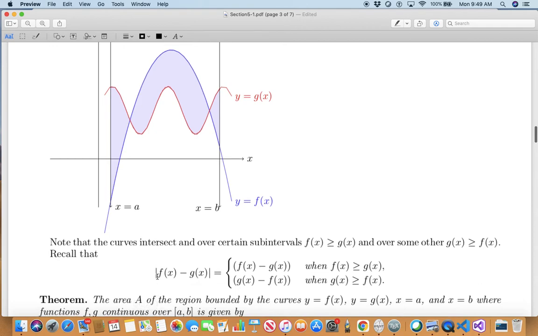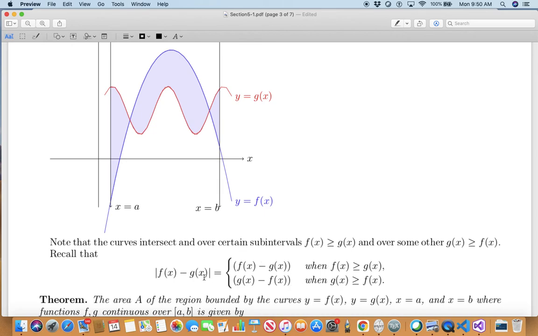Notice the meaning of the absolute value of f(x) minus g(x). The absolute value of f(x) minus g(x) is precisely f(x) minus g(x) if f(x) is greater than or equal to g(x). You see, if f(x) is greater than or equal to g(x), this difference is non-negative, so the absolute value of a non-negative is itself.